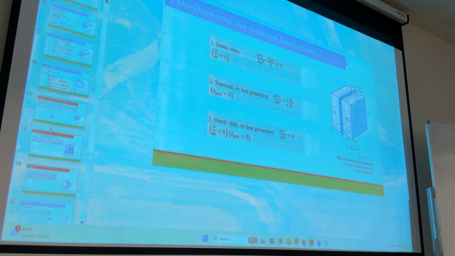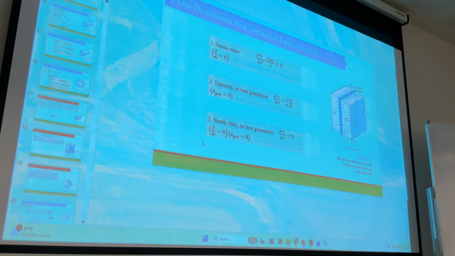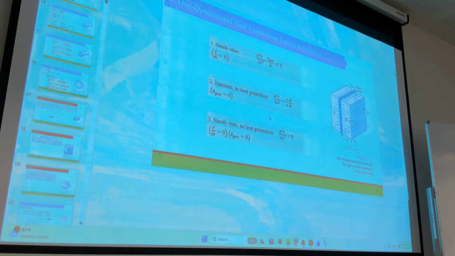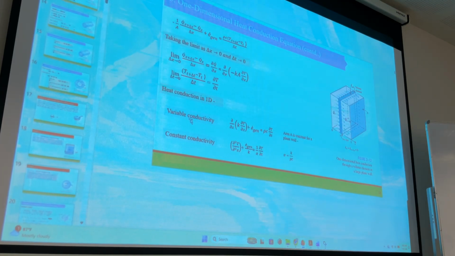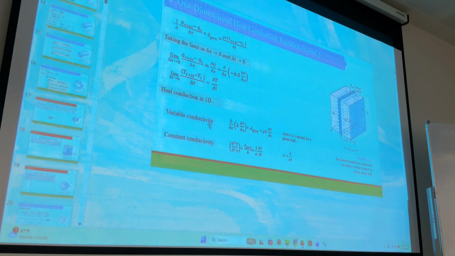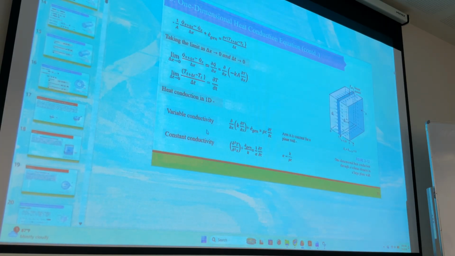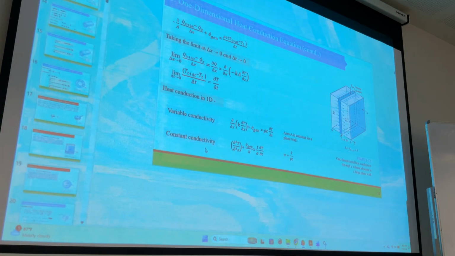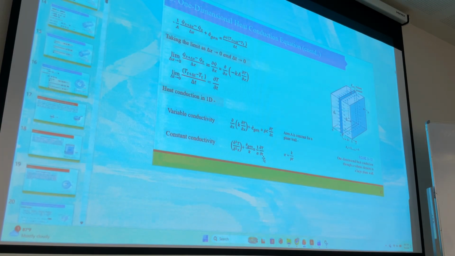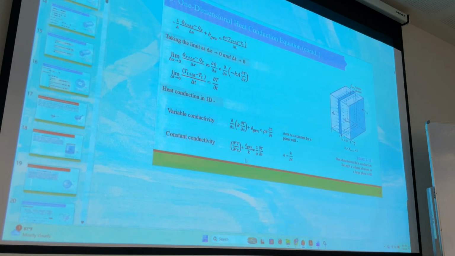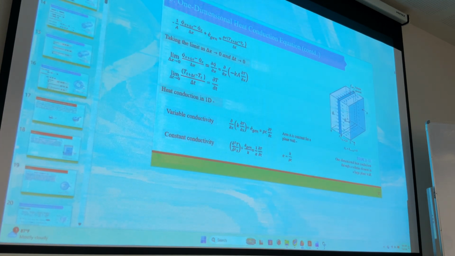In this numerical, thermal conductivity is given, so you cannot use this equation. Variable conductivity is not applicable in that numerical. Then you have constant conductivity. In that numerical, the temperature is not changing with time. It is steady, so this equation is not applicable.